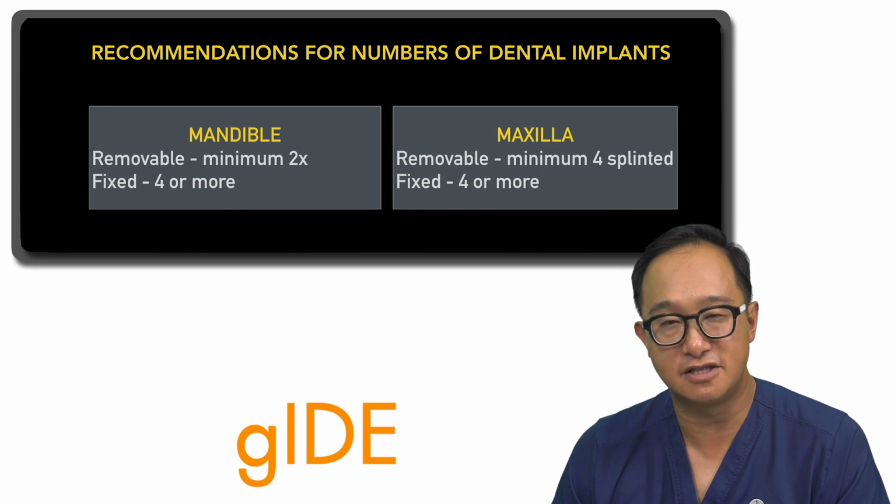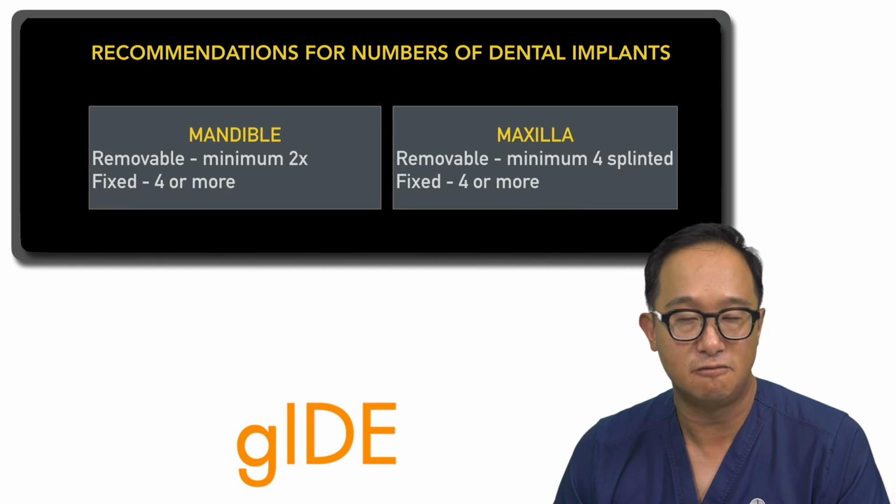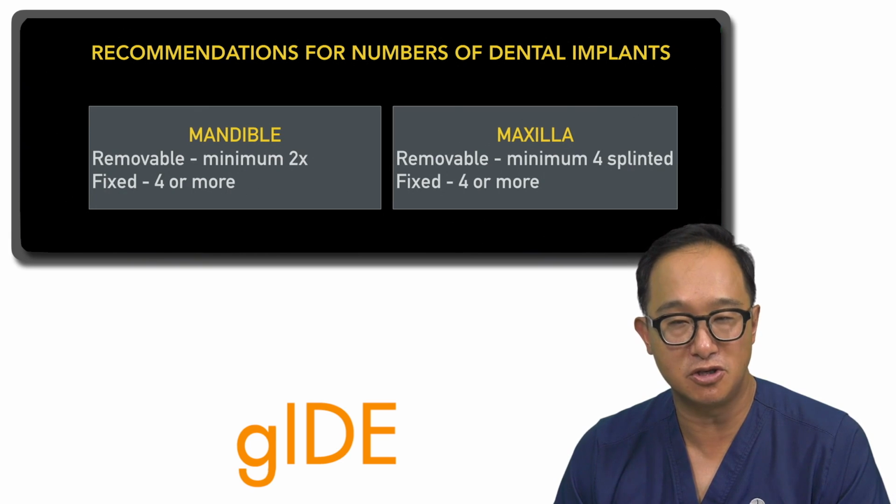In the maxilla, it's very different. As I discussed, in the maxilla, for a removable overdenture, I would like to use 4 implants as a minimum. That would be splinted together and supported by a bar. While in the maxilla, I want to use 4 implants or more for fixed bridgework.